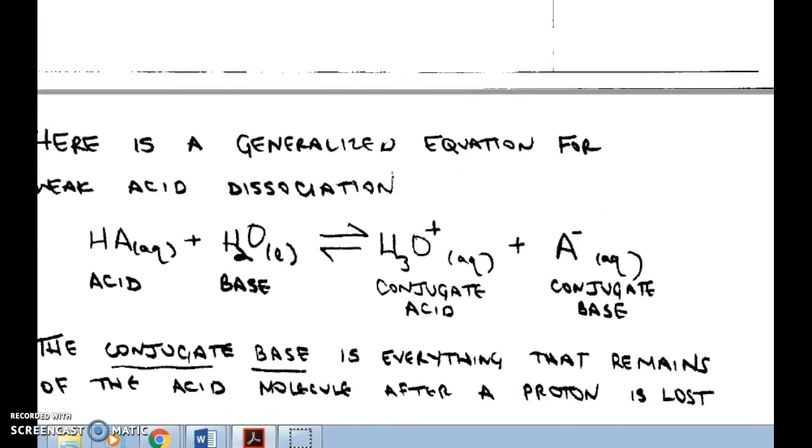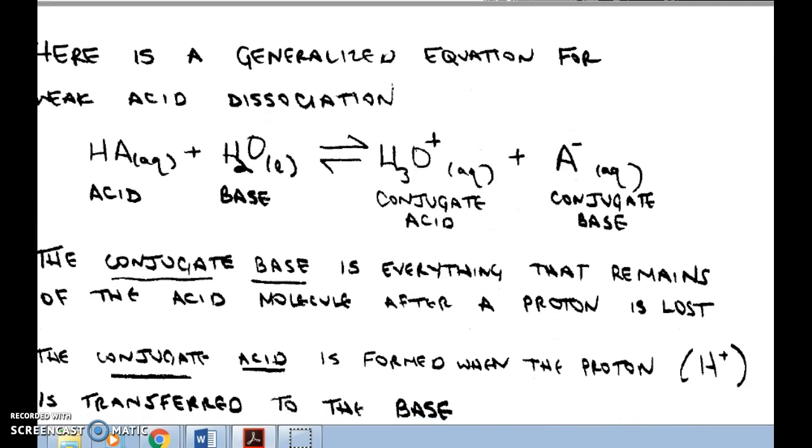So the final thing to talk about here with equations for dissociation is identifying what are known as the conjugate acid-base pairs. So here's a generalized equation for the dissociation of a weak acid, HA, where A is just any anion, dissociating in water to form hydronium and the A minus anion.